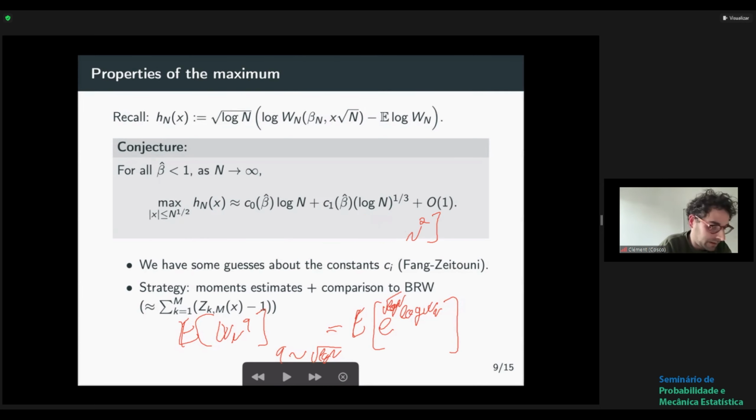In this case, there is a kind of miracle that appears, that you can actually compute this to a power which is huge. It's a q which is square root of log n, whereas usually you can only do finite moments, maybe in this kind of scaling regime in dimension 1. But this is what you need to do, and it's technically quite involved.